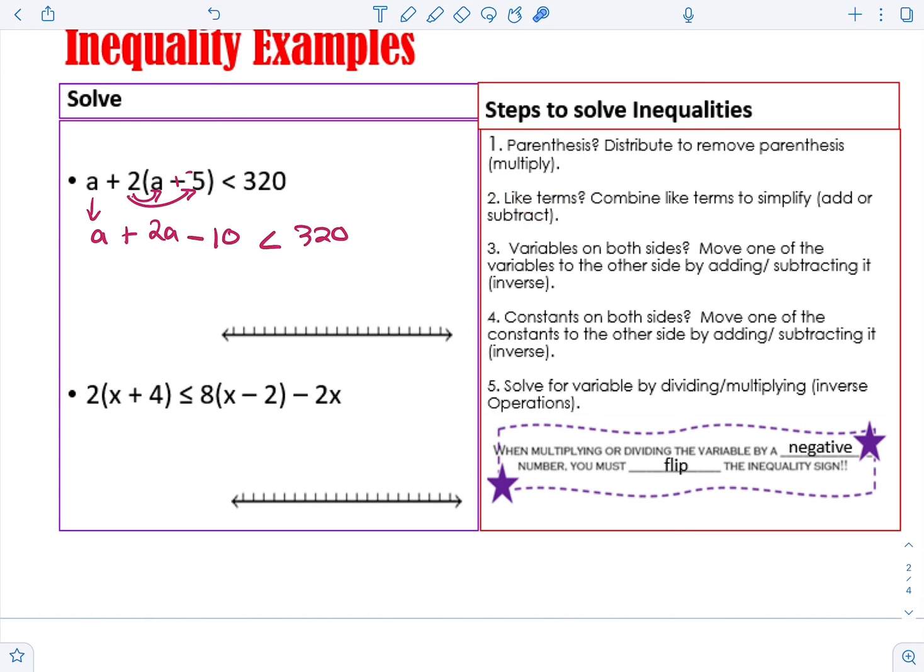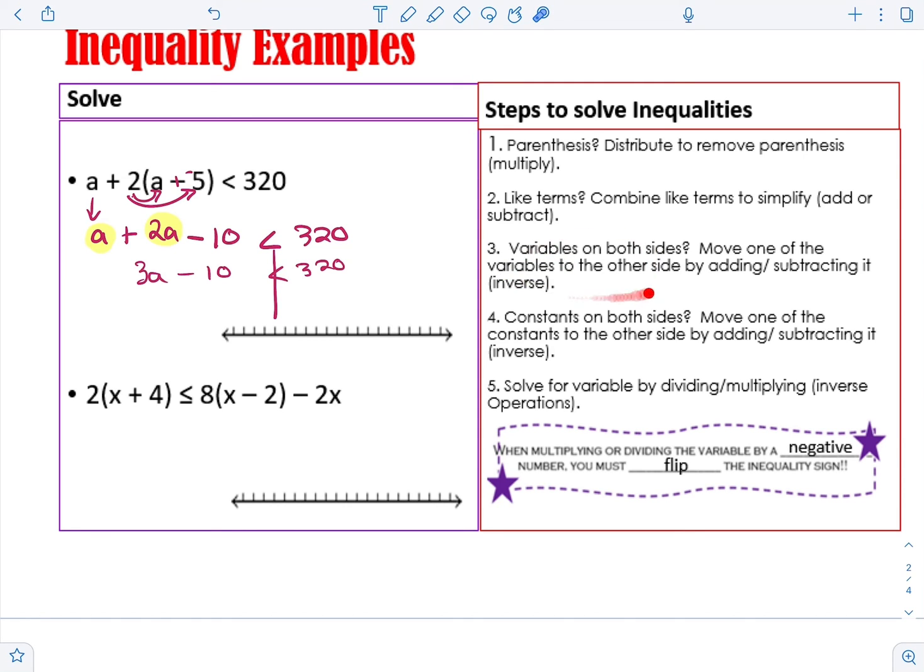Now, are there like terms? Well, when we look at this here, on the left side, a and 2a are like terms. So we combine them. A plus 2a is 3a. So we have 3a minus 10 is less than 320. Next step.